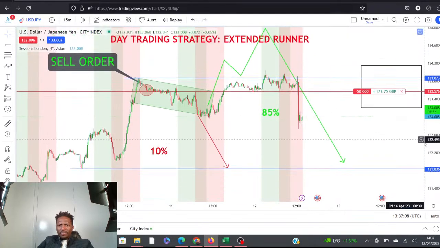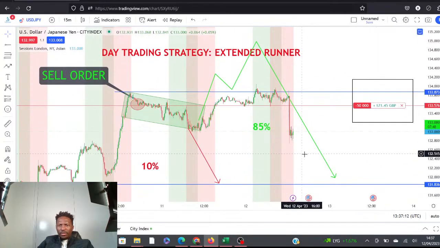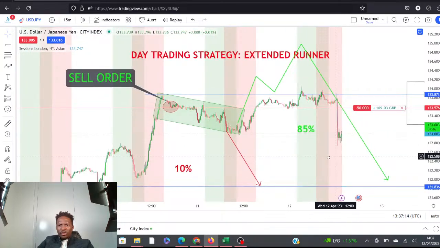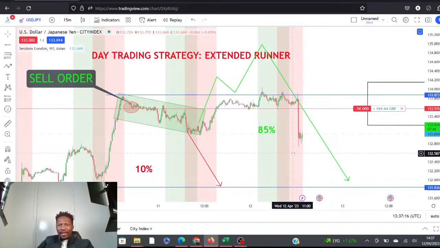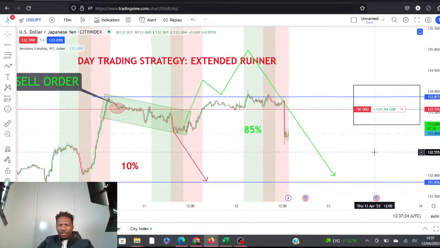Dollar yen, that one looks good. We're taking a pause here, so maybe, who knows, the strength of the yen might be the one to bail me out on the pound yen. But we'll have to wait till 3 o'clock and see if the Canadian interest rate is gonna have any impact on this currency at all.